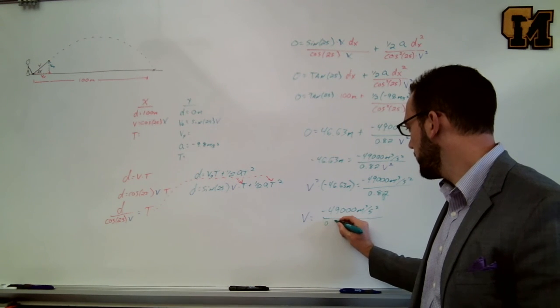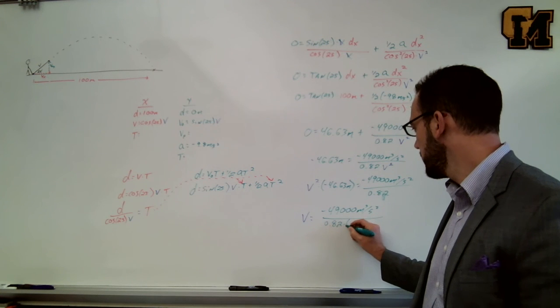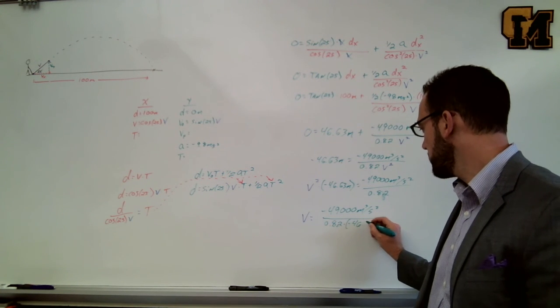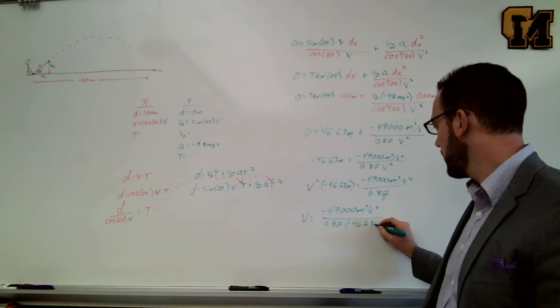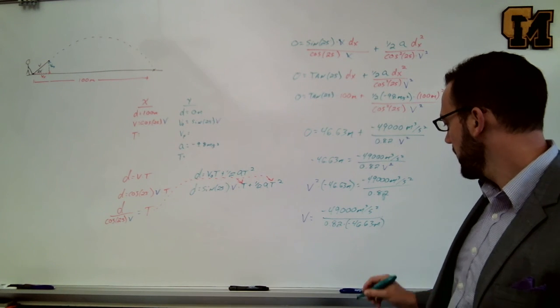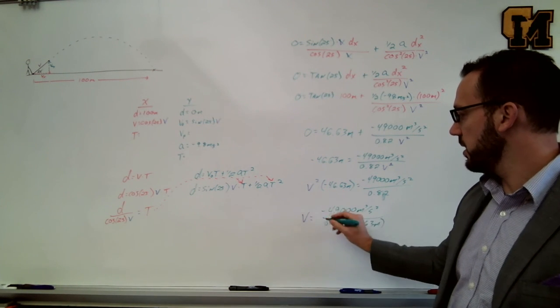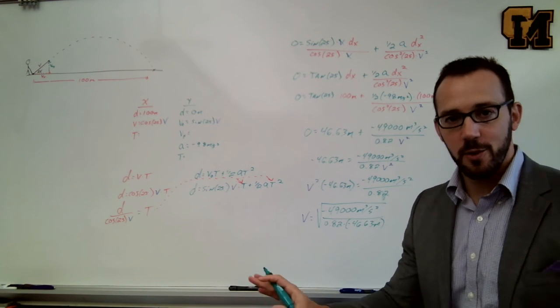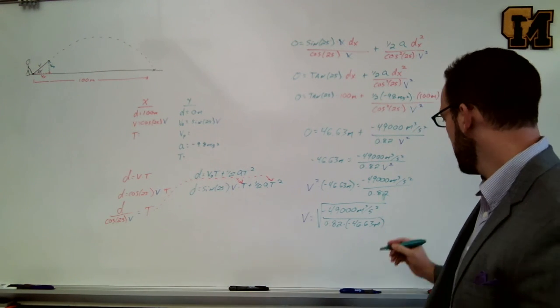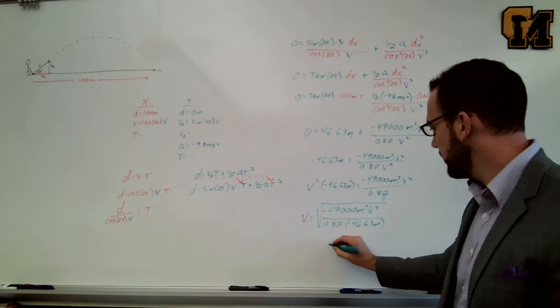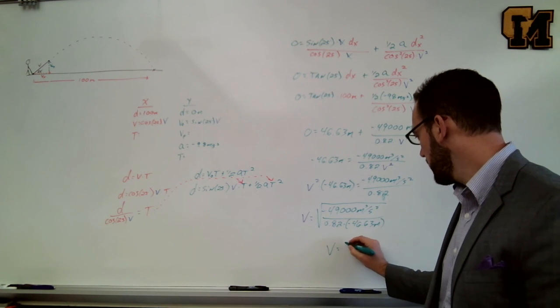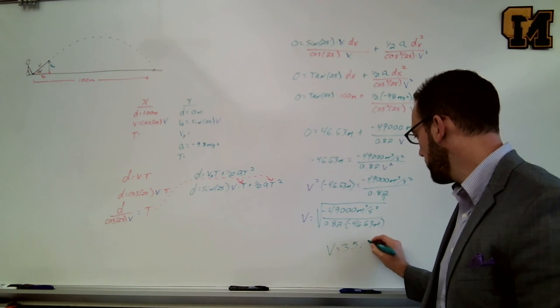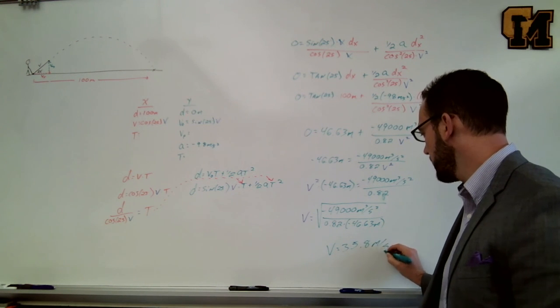So I'd have 0.82 times negative 46.63 meters. And again, I don't want the squared here, so I have to do the square root of this right side. And now we just have to plug into our calculator, and we are completely done. And when we do, we would get that the velocity equals 35.8 meters per second.